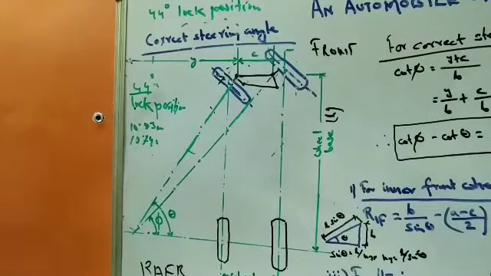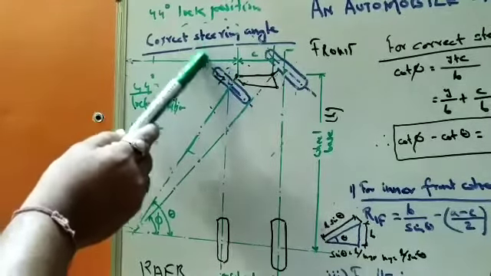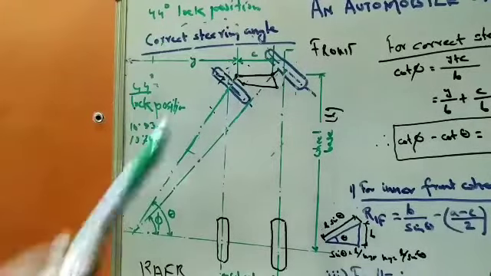Now, the diameter of the smallest circle that the outer front wheel of the car can traverse, obtained when the wheels are at the extreme position, is known as the turning circle. Which one is the outer front wheel over here? The outer front wheel is this one.